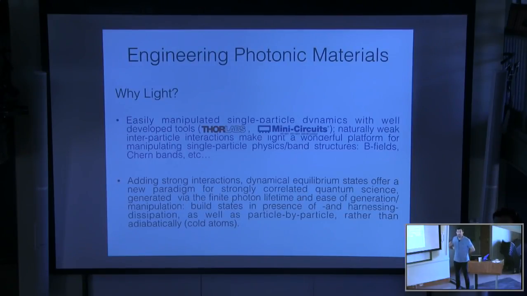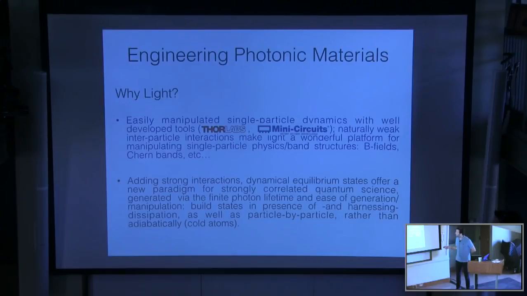To me, there are a number of really wonderful answers to this question: the control that we get of our photons in the single particle sector, the kinds of probes that we get of the states that we make, and finally, with the addition of strong interparticle interactions, the sorts of tools that we have for building many-body states.